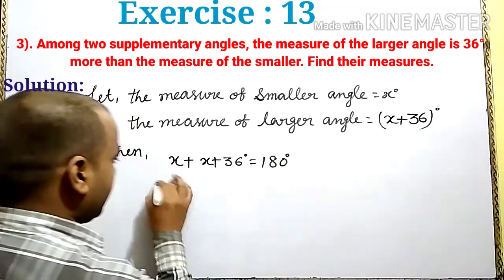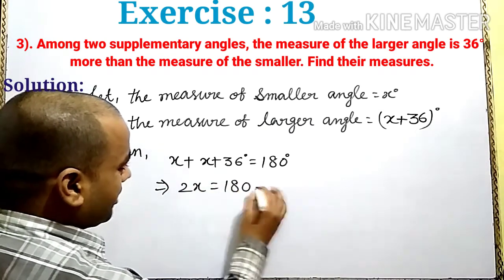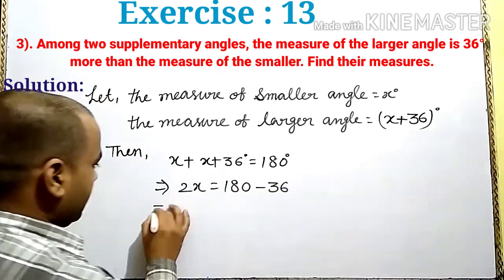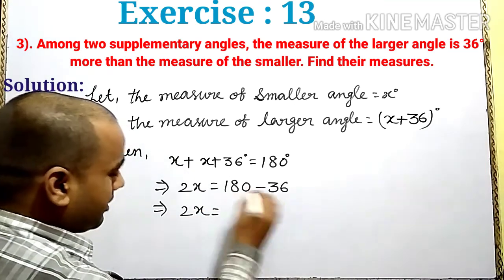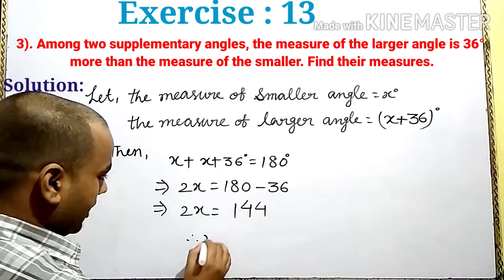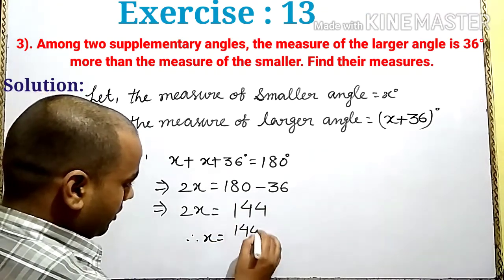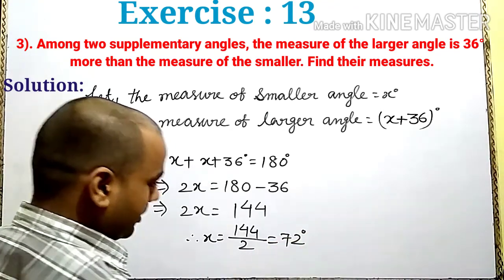Is it clear? x plus x, 2x is equal to 180 minus 36. 2x is equal to 144. Therefore x is equal to 144 upon 2 is equal to 72 degree.